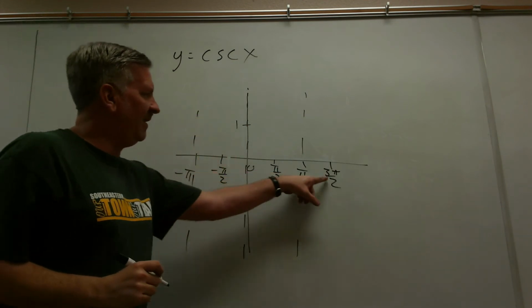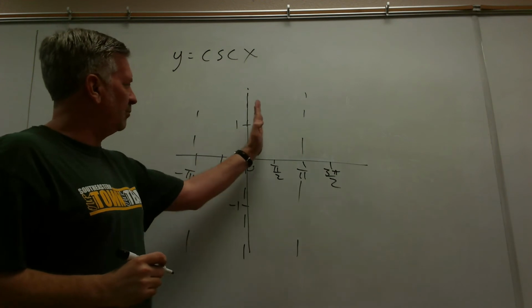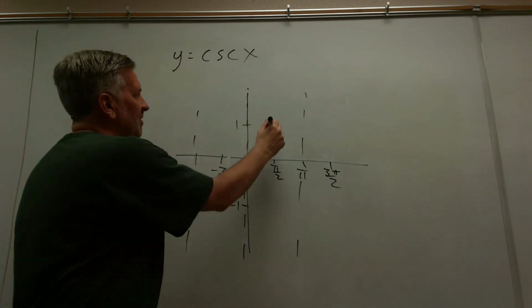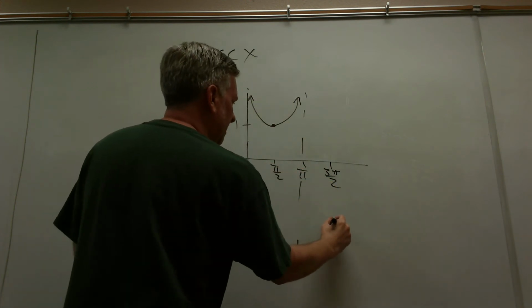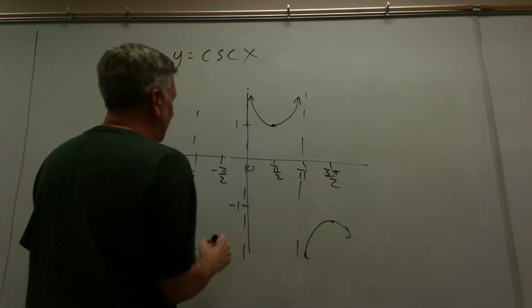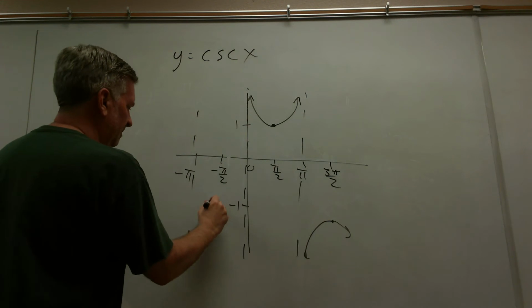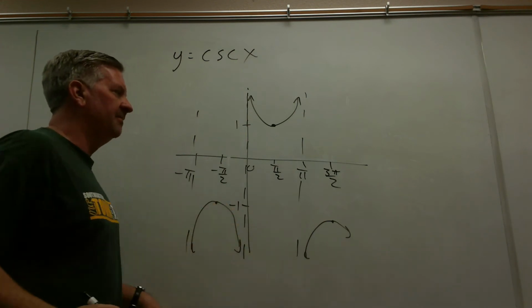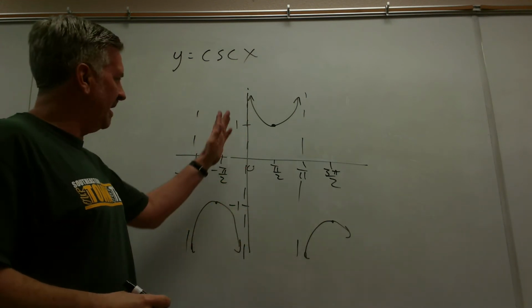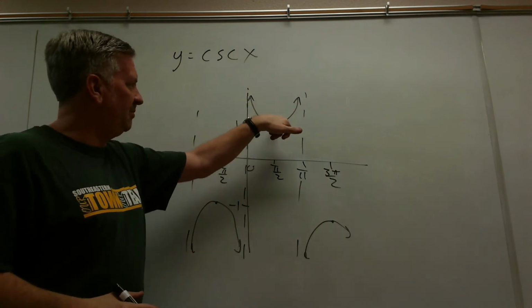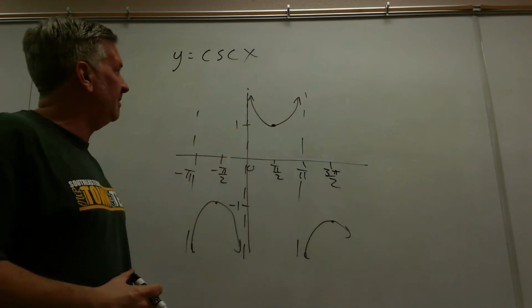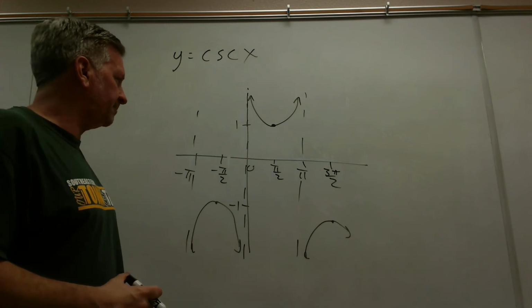So the places I've left out, I have a point. When I go to the right of the asymptote on the y-axis, I have the bottom of the up cup. And so this point here is the top of the down cup. And over here we have another down cup. So if you just remember the pattern, and remember vertical asymptote on the y-axis, and the up cup is to the right, that's what the cosecant graph looks like.